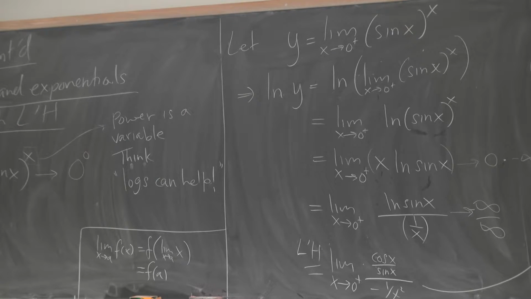So this is the same as the limit. Again, I'd simplify first before I do anything else. This is just minus x squared cosine x over sine x. That's still 0 over 0. Can I do anything about that though?